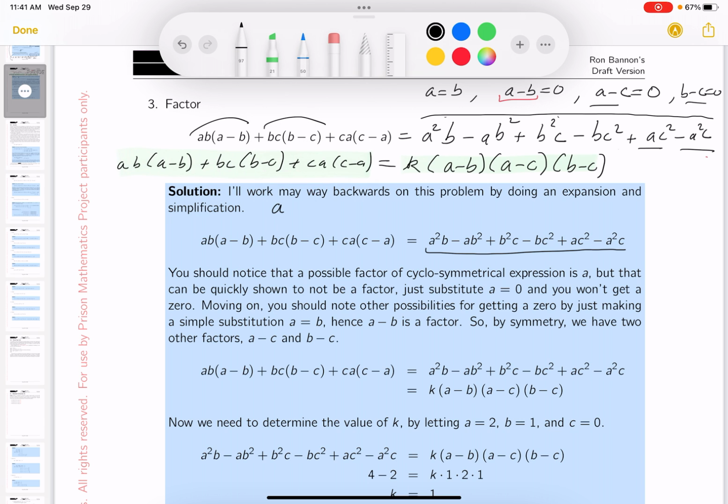I'm going to say A equals 2. And I'm going to say B equals 1. And again, you can pick different numbers, and C equals 0. I find those to be pretty easy numbers. All right? Let's go through it, and I'm going to go through it one thing at a time. I want to do the first term. A is 2, B is 1. Right? So what do you get? 2 times 1 is 2, and 2 minus 1 is 1, so I get 2.